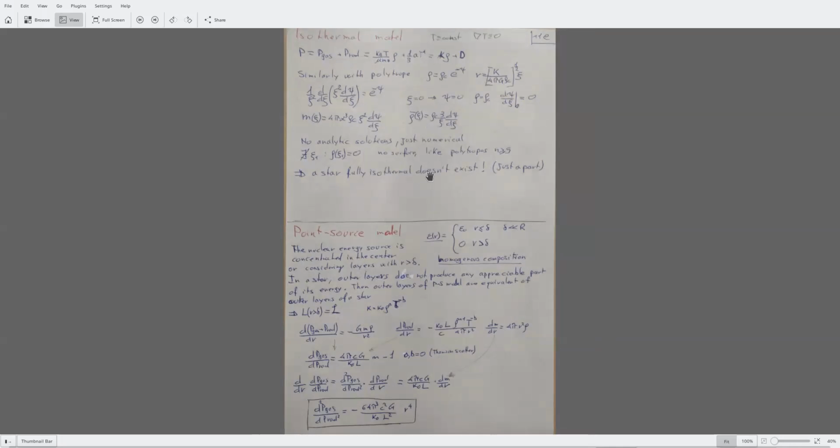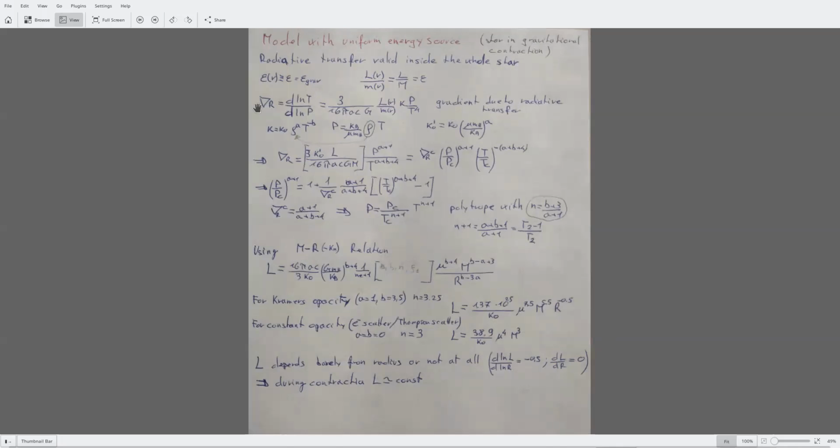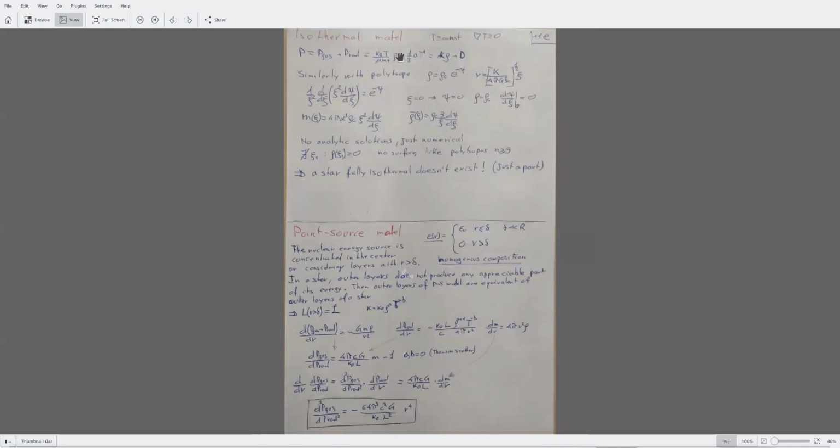Some models are quite important because of the uniform energy source, a star in gravitational contraction. The isothermal model is a classical degenerate core.